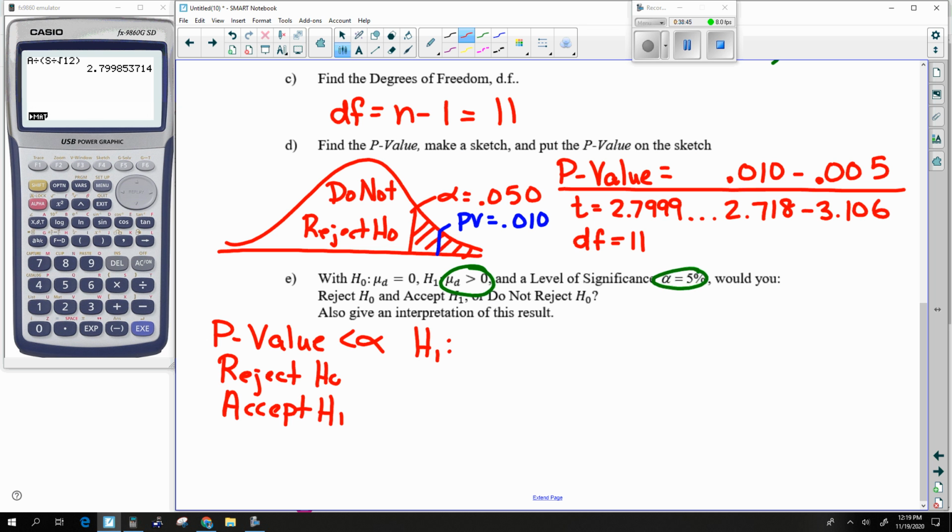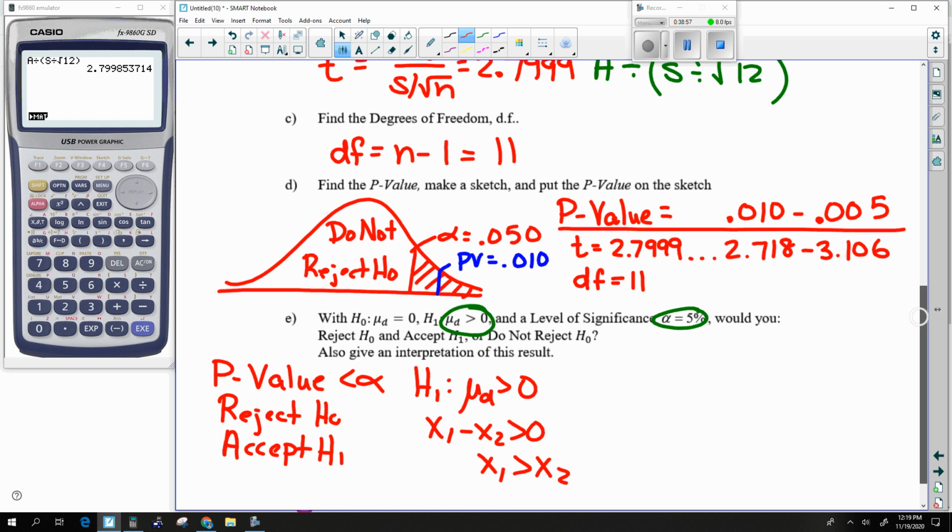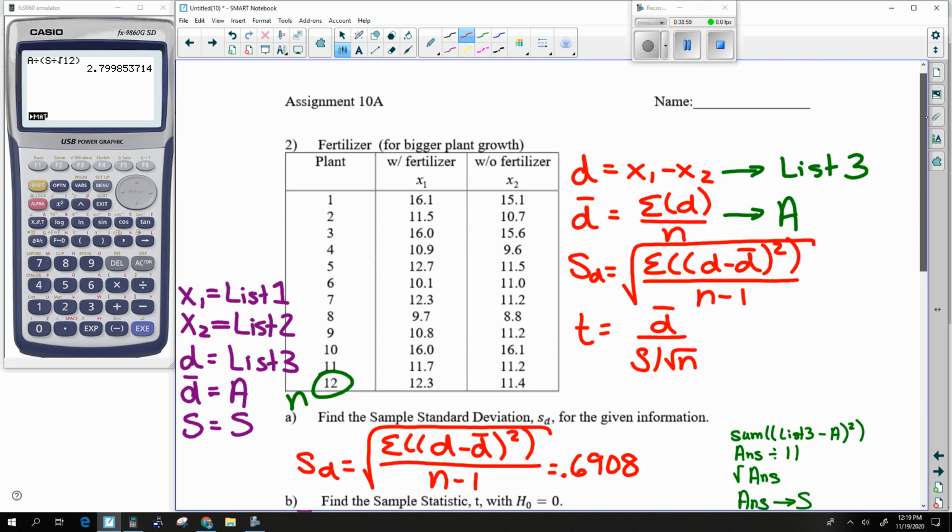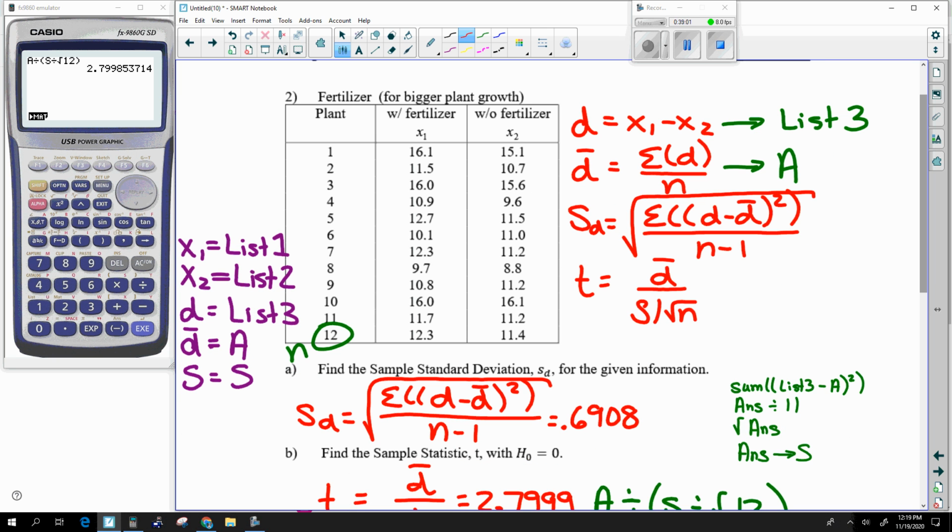H1, reading up above, says mu of D is greater than 0. So that means x1 minus x2 is greater than 0. That means x1 is greater than x2. All right, so x1 and x2 are, in essence, the plant growth. I'm assuming these are plant heights, with and without fertilizer.